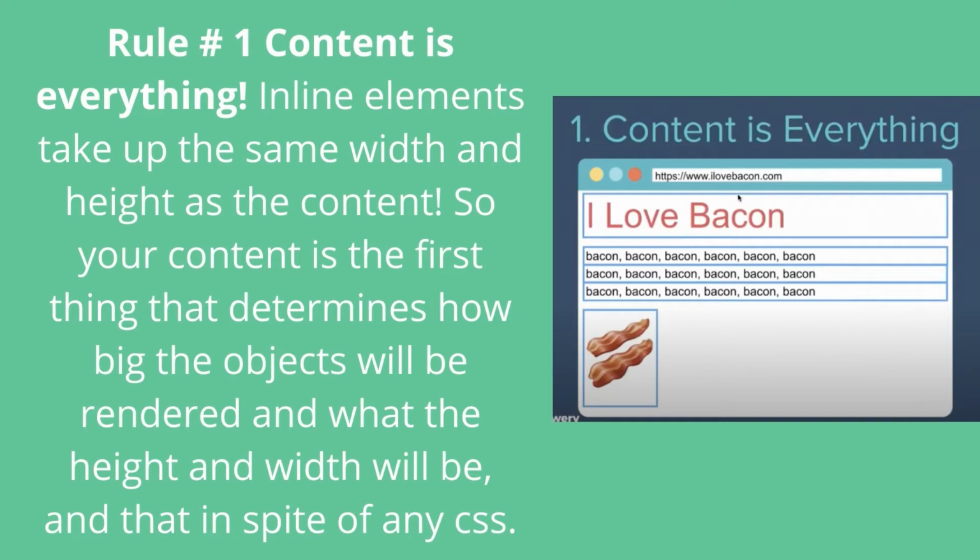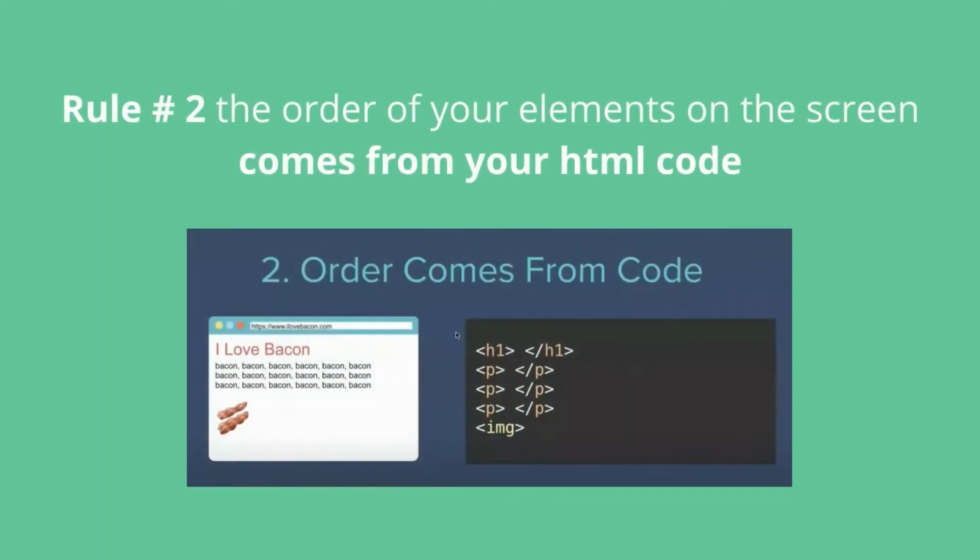The first rule is content is everything. Inline elements take up the same width and height as the content. So, your content is the first thing that determines how big the objects will be rendered and what the height and width will be, in spite of any CSS. The next thing to remember is that the order of your elements on the screen is determined by your HTML code.